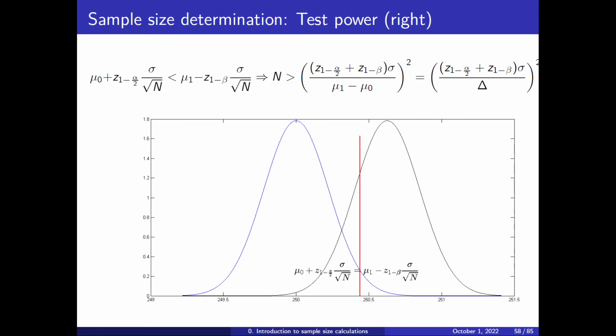So what is the probability that I don't reject the null hypothesis? I have a critical value. This critical value is the mean plus z of 1 minus alpha half times sigma divided by square root of n.